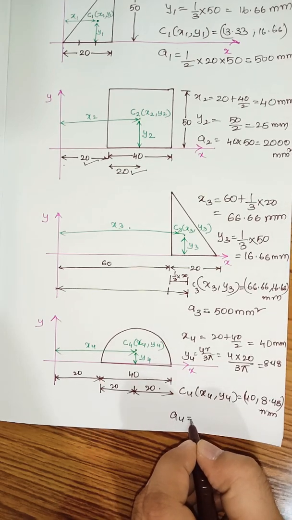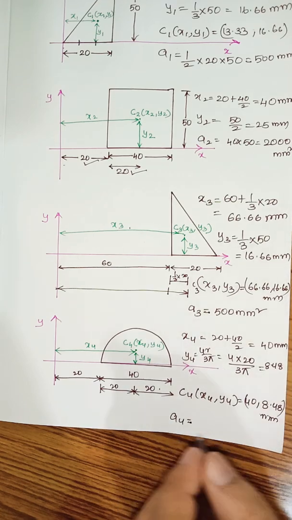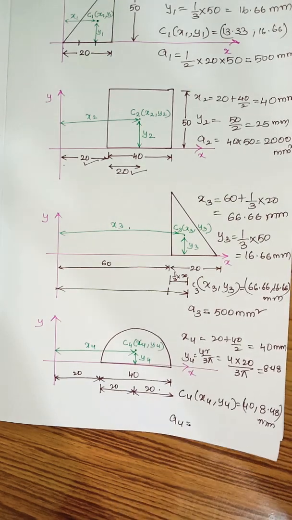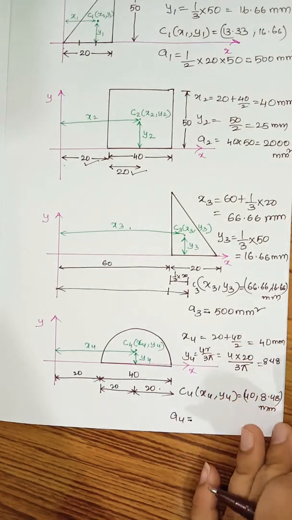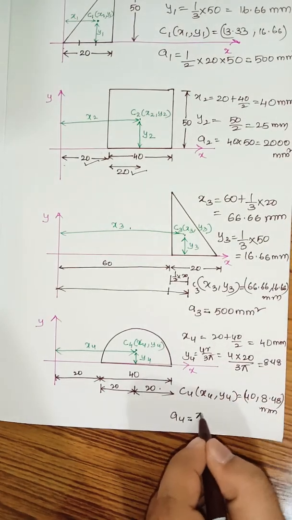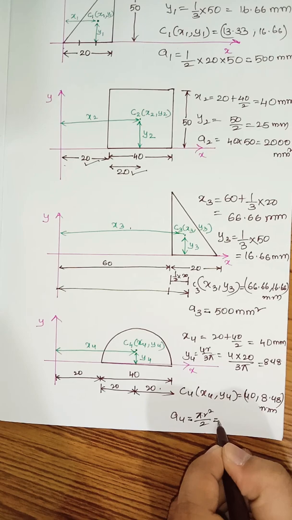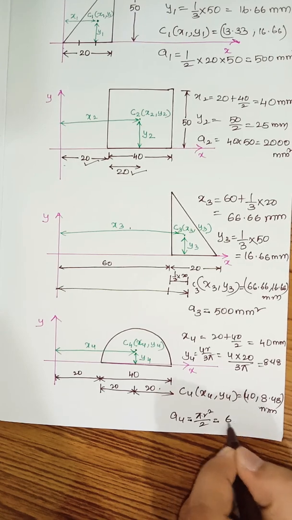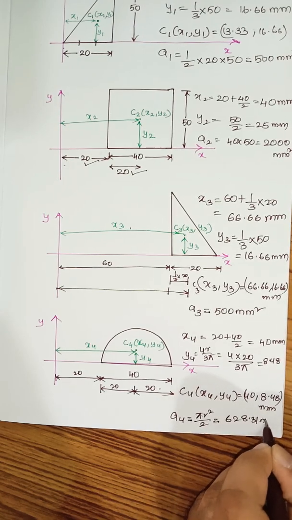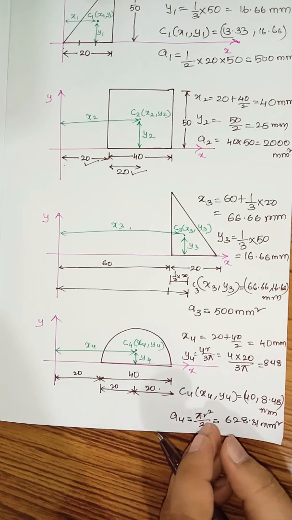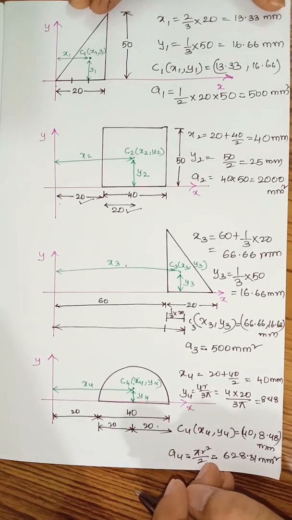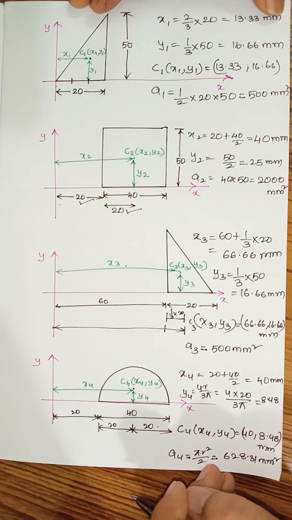As we know, the area of a semicircle will be equal to half of the area of the circle. So we can directly calculate that one. That will be pi r square divided by 2. So that is equal to 200 pi. So it will be 628.31 millimeter square. Now writing down all these values to substitute them in the formula once again.